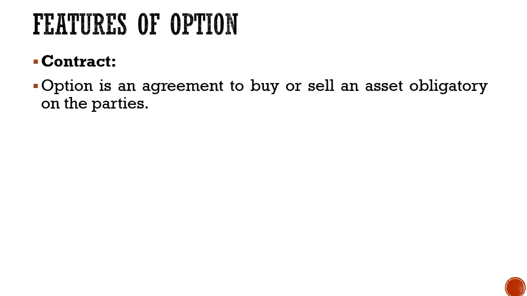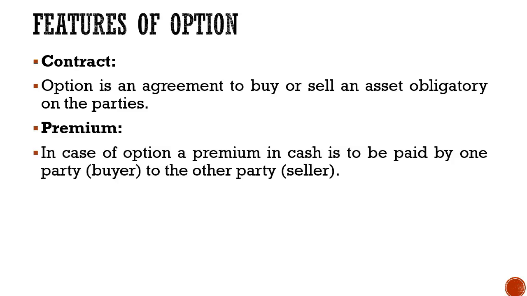Now let us learn the various features of option. Number 1, it is a contract. Option is an agreement to buy or sell an asset, obligatory on the parties. Second is premium. In case of option, a premium in cash is to be paid by one party, that is the buyer, to the other party, that is the seller.